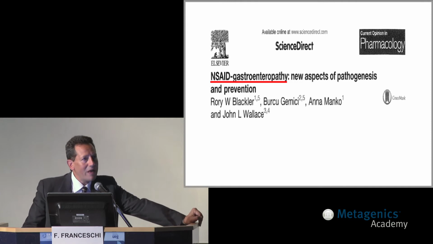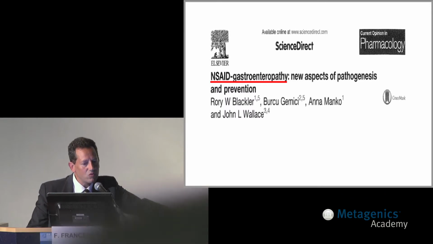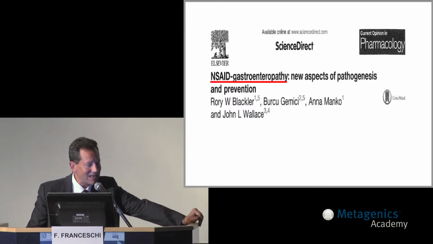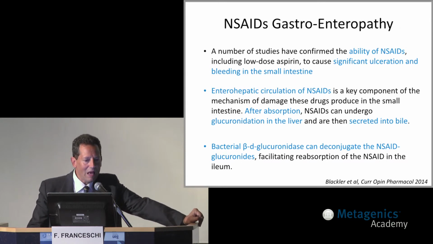And then I have to consider that the toxicity of NSAIDs is not confined only to the stomach, but there is a specific NSAID gastroenteropathy. As you can see here, NSAIDs are able to cause significant ulceration and bleeding in the small intestine, not only in the stomach.